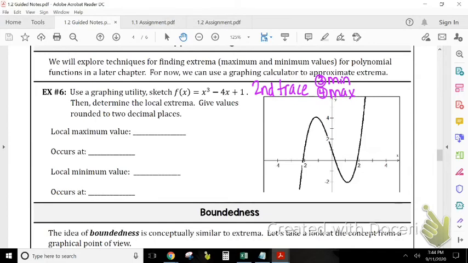So let's do that here. Let's find this first one at the top. That's going to be a maximum, so I'm going to go to second, trace, and hit maximum. The first thing it's going to do is tell me left bound. That means I want my cursor somewhere on the left side of that maximum point, and I'm going to hit enter. Then it says right bound, so I'm going to move to the right and get somewhere on the right side of that.